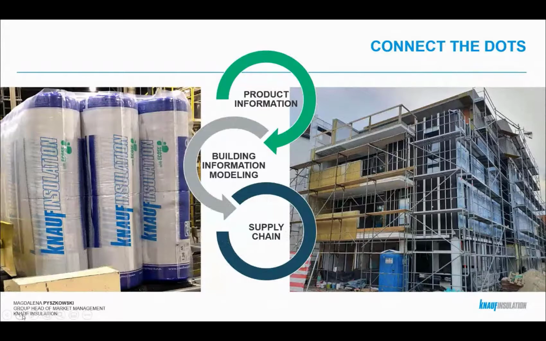This is the work that we are trying to do with different organizations, including buildingSMART International, but mostly with the digital supply chain: how we can find this digital collaboration and this digital connection. So make it real, not only on paper.